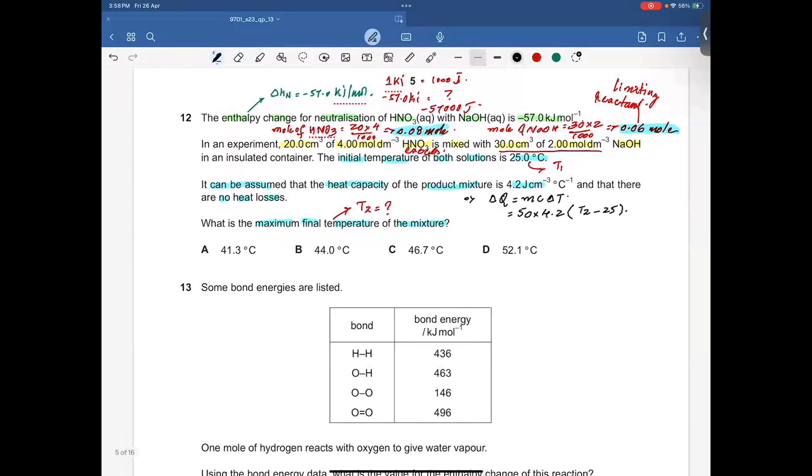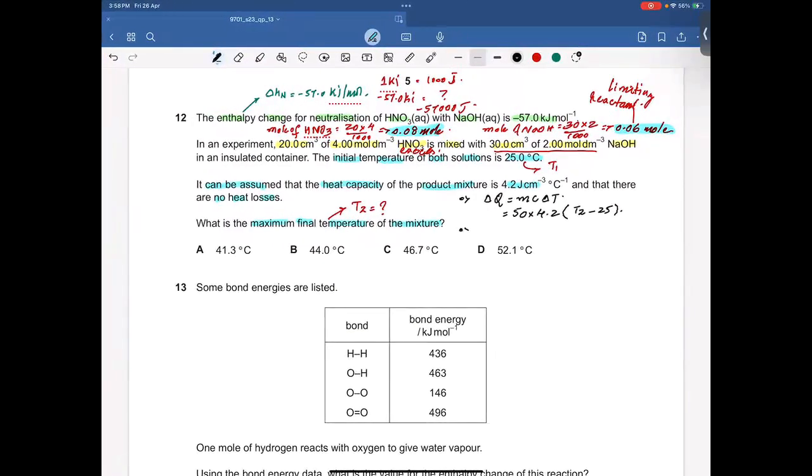Now in the second step, we have delta H equals to minus delta Q over number of moles. And since NaOH is a limiting reactant, I will use its number of moles. Delta Q is 50 times 4.2, then T2 minus 25 divided by the number of moles, and the number of moles of NaOH is 0.06.